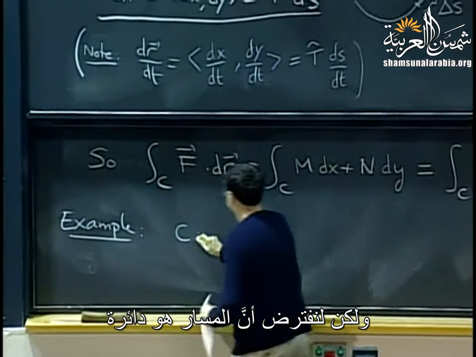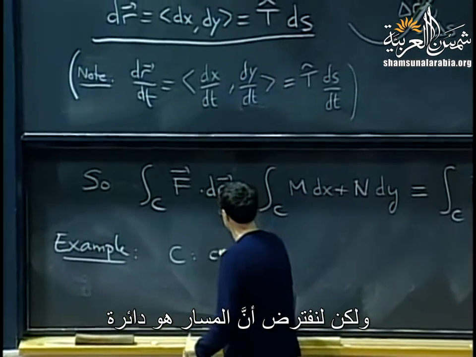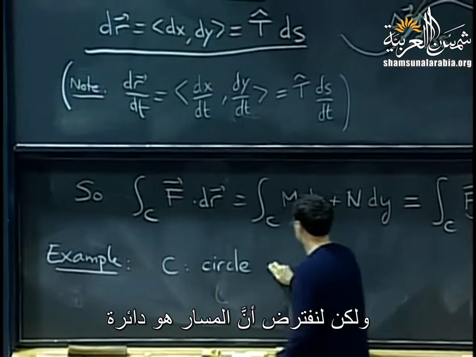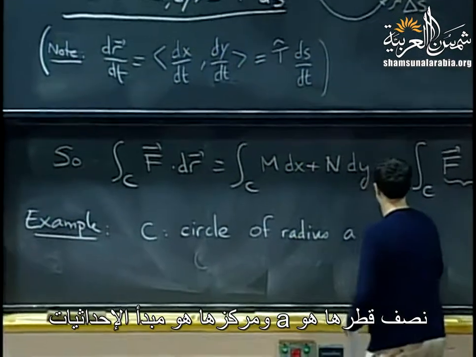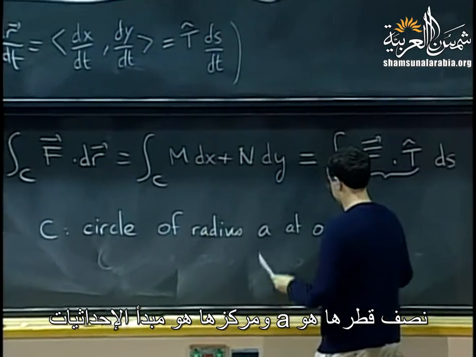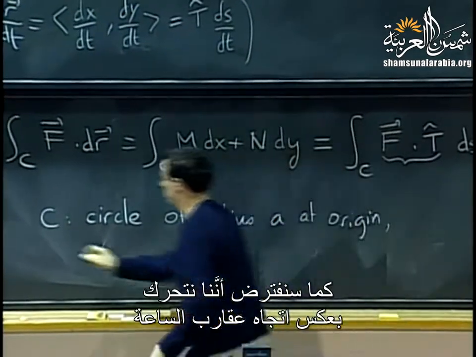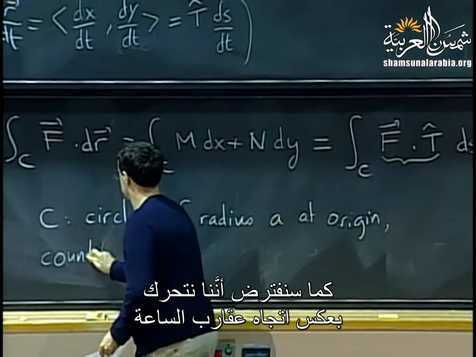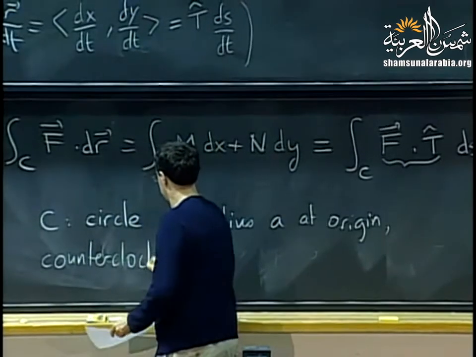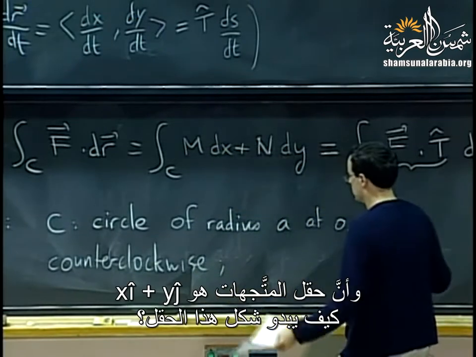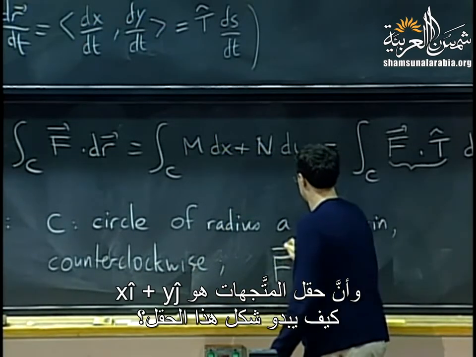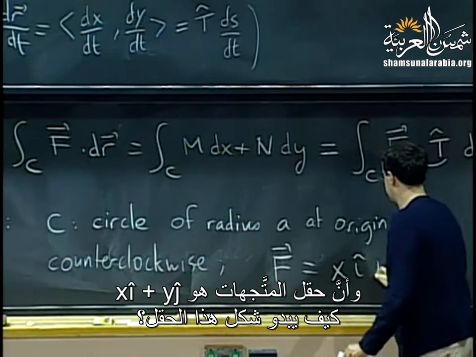But let's say that my trajectory is just a circle of radius a centered at the origin. Let's say I'm doing that counterclockwise. And let's say that my vector field is x i plus y j.